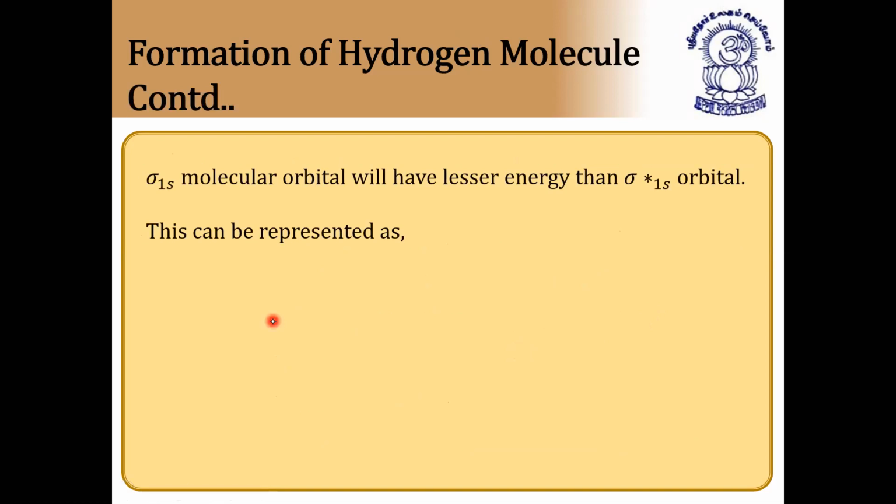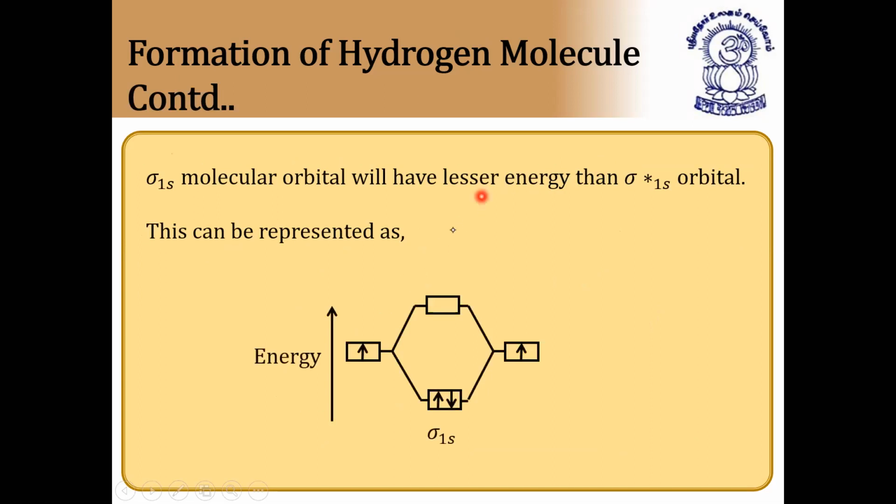Next, the sigma 1s molecular orbital will have lesser energy than the sigma star 1s orbital. This can be represented in the energy diagram. Sigma 1s has 2 electrons. Sigma star 1s has no electrons in the hydrogen molecule, so it is kept empty.